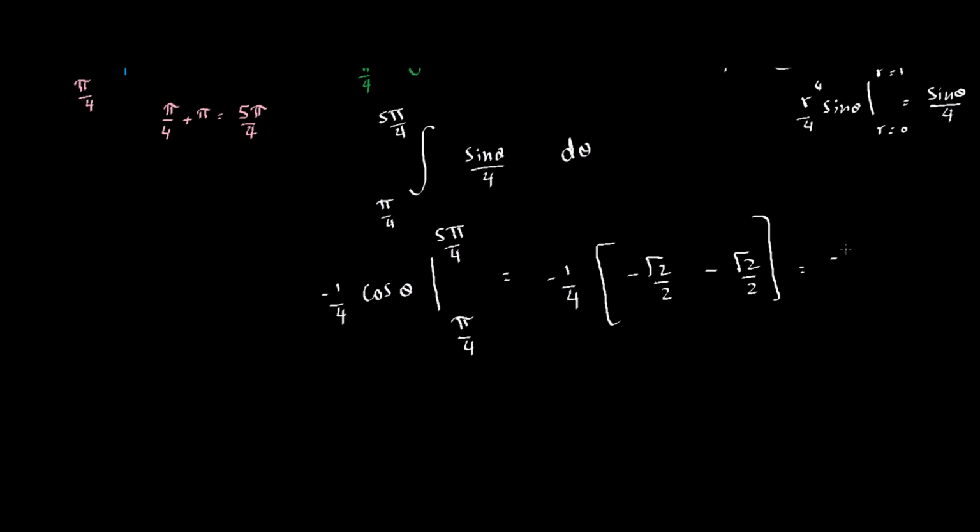So we end up with negative 1 over 4 multiplied by negative 2 root 2 divided by 2. And we've got a negative sign. So the negatives cancel. Let me rewrite this. The negatives cancel. This 2 cancels with this 2, and we end up with root 2 divided by 4 as our final answer.